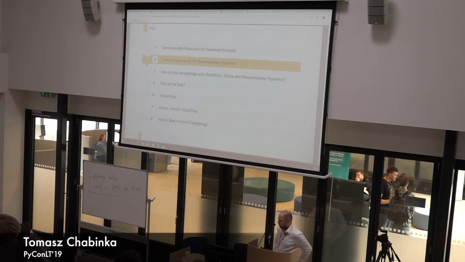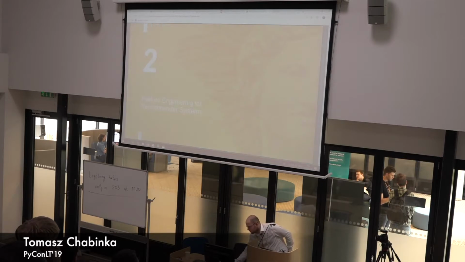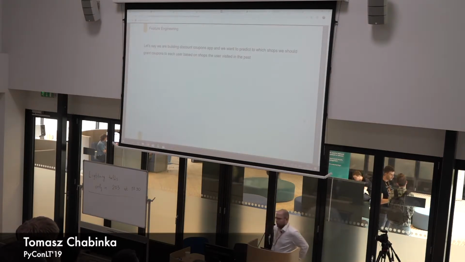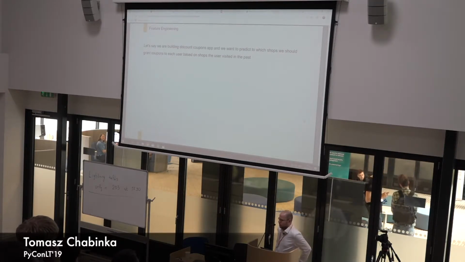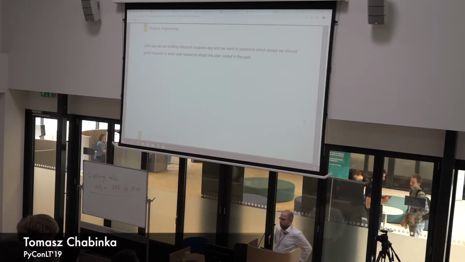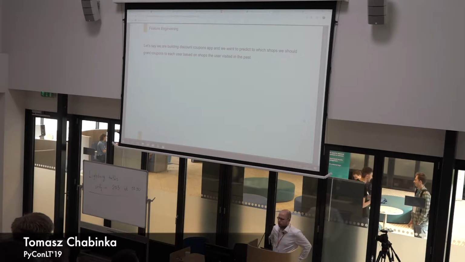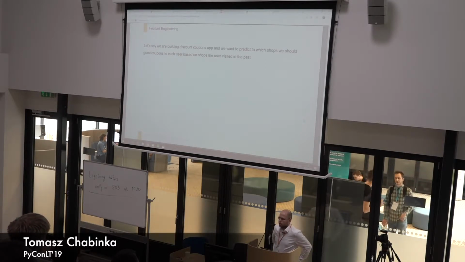Okay, so that was the first motivating example, and now we will see how it works with feature engineering. In this case, let's say we are building a discount coupon application, and we want to predict to which users we should grant coupons we have in this application, and usually we will want to grant coupons for similar things that the user bought in the past, let's say.